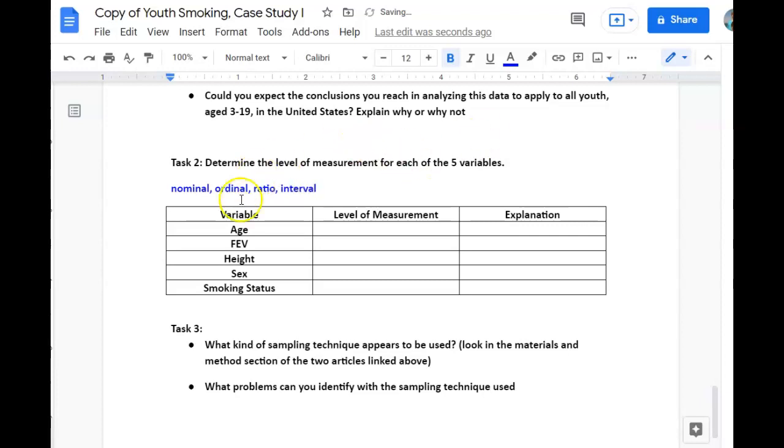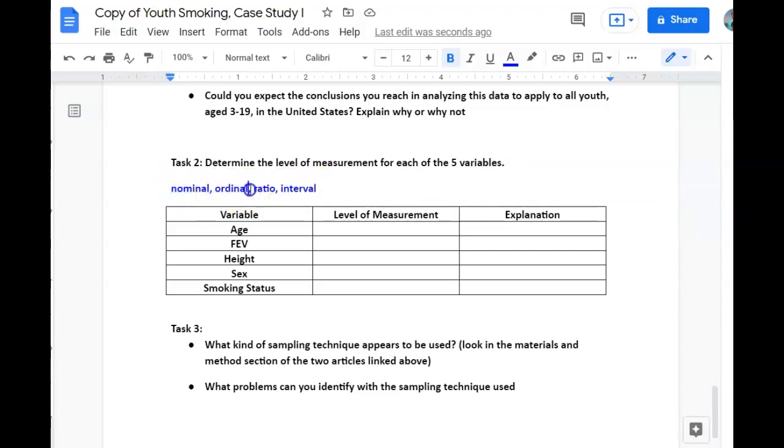Alright, so remember, nominal and ordinal are qualitative measurements, they're not numerical, and they're going to be things like color or country, things that you answer with a word rather than a number.